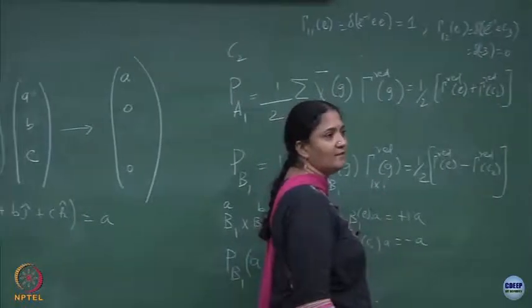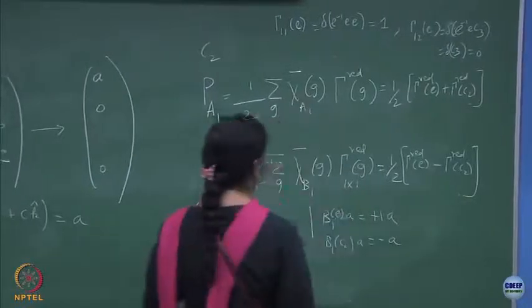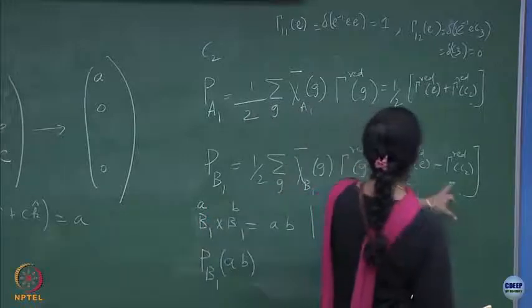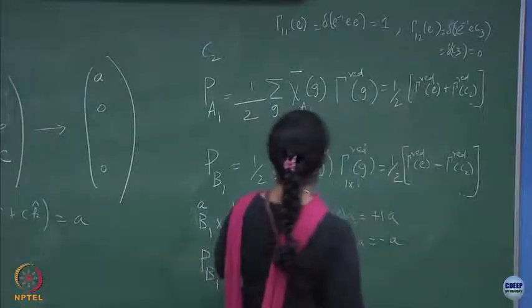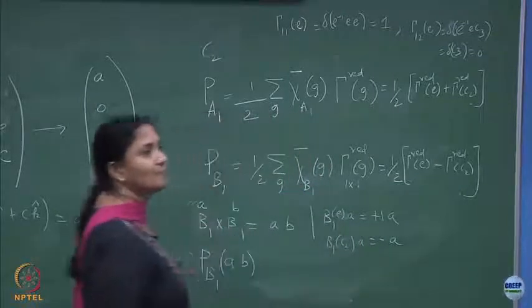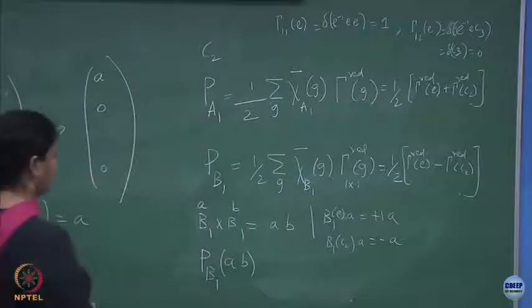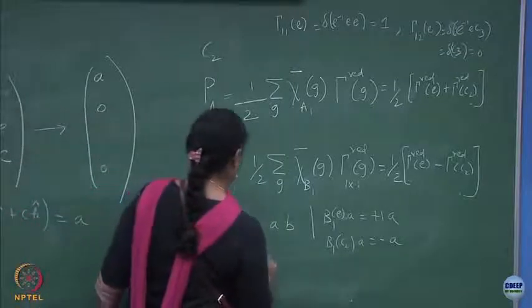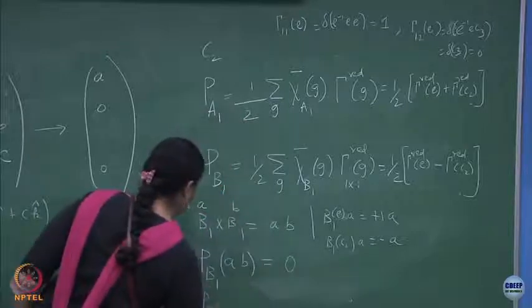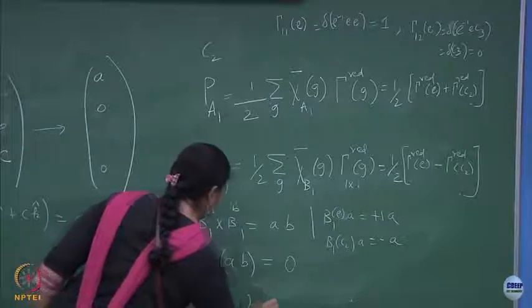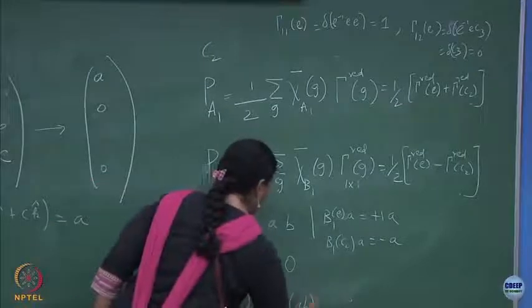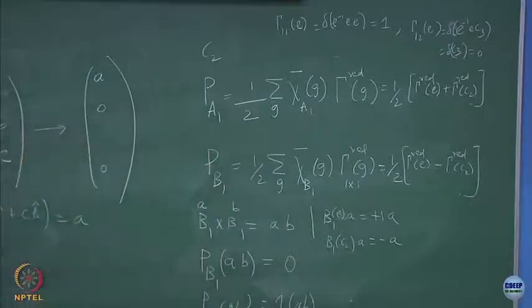No change, right. So, you will find it to be AB, and this will be a minus, and then you will see which one will survive. Which one will survive? Is that right?